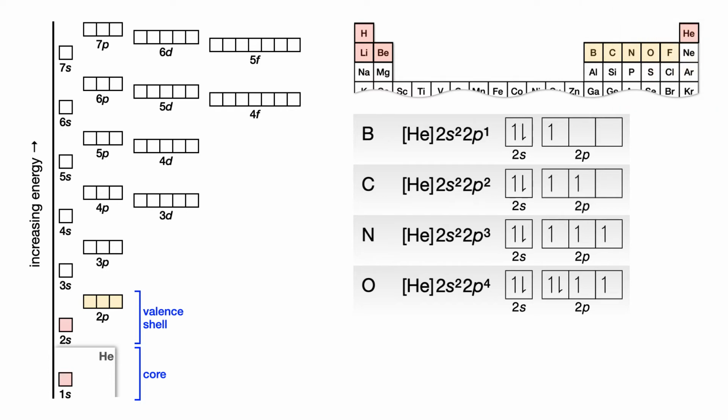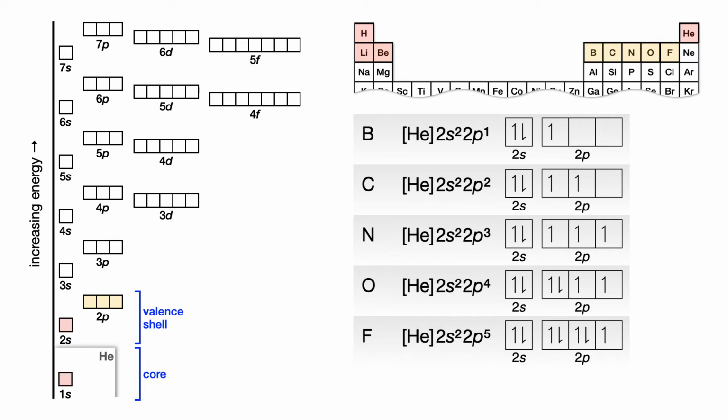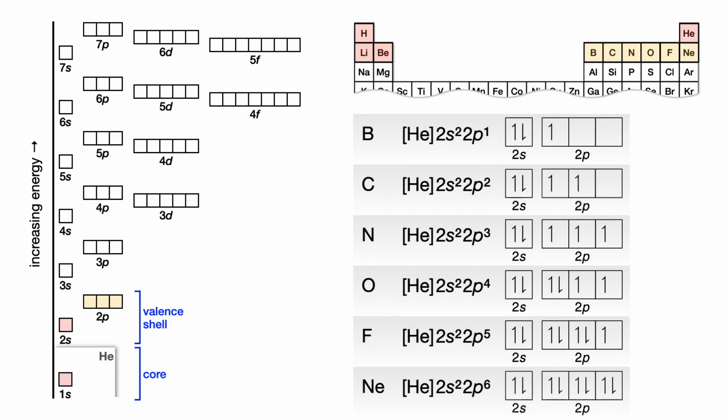Fluorine will add its next electron into the p sublevel as well. And then finally, neon will put a sixth electron into the p sublevel. Its electron configuration is helium core, 2s2, 2p6, and its orbital diagram has all of the second level filled in. And so neon fills up the second energy level that's available in an atom.